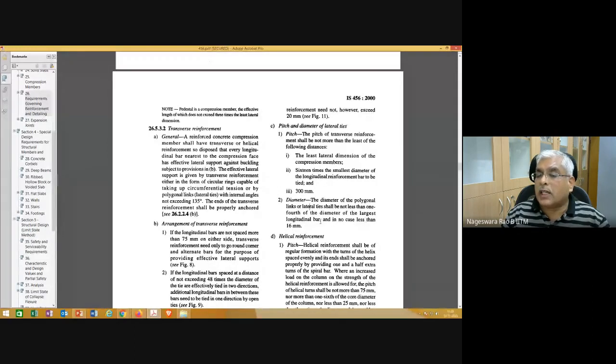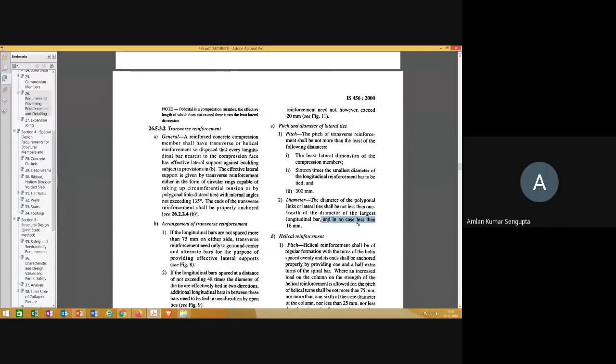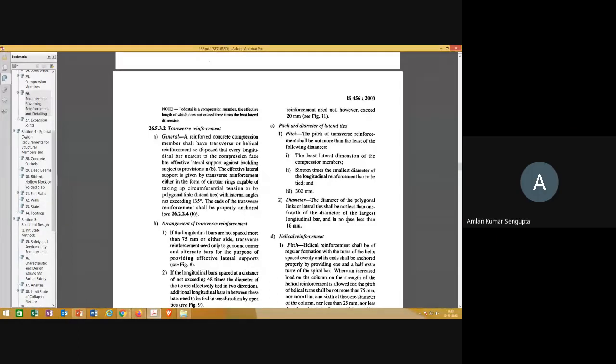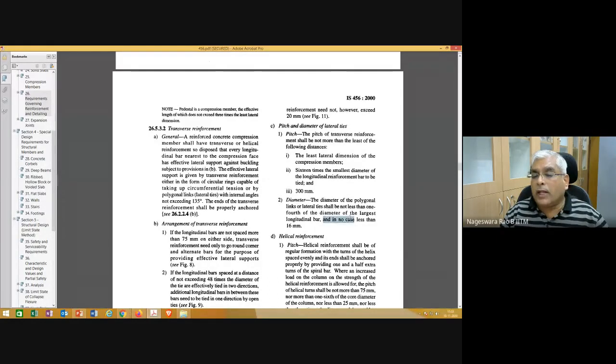Or in no case less than... actually, there is a mistake here. I think the typo should be, in no case less than 6 mm. It is not 16 mm. Now you can see here, 25 divided by 4 is anyway turning out to be more than 6.